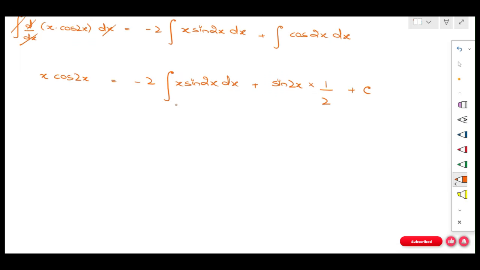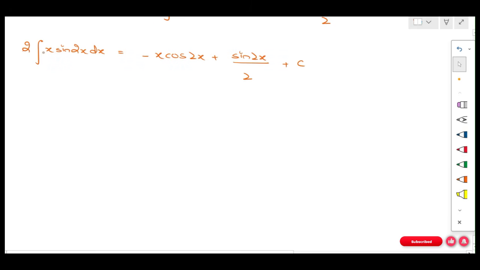Okay, now we have to solve this, so shift this term to the other side. So 2 is positive, integration x sine 2x dx is equal to, shifting this term to the other side, minus x cos 2x plus sine 2x divided by 2 plus the constant of integration, right? Now in order to solve for this integral, divide everything by 2.